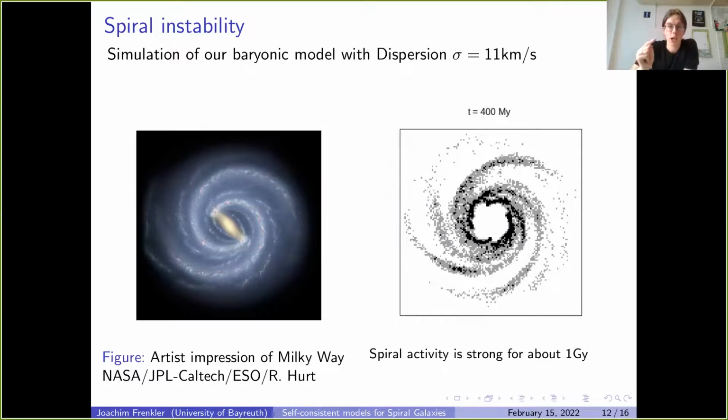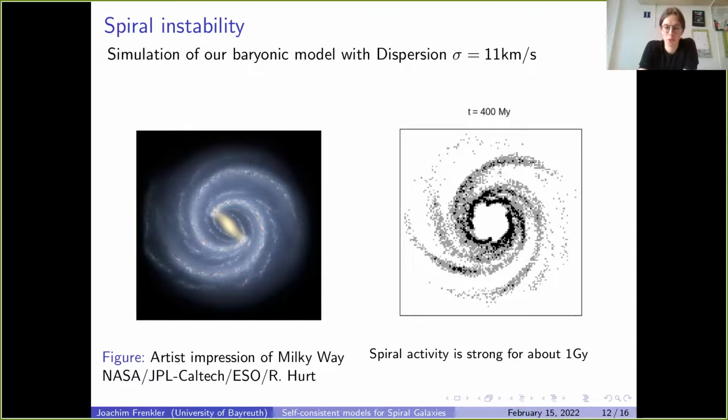And while it passes through the arms, it gets deviated, and hence the total deviation, the dispersion of the model, rises. Initially, the dispersion was at a low realistic value of 11 kilometers per second. And during this gigayear of spiral activity, the dispersion has risen to a value about 4 times as high as the initial one. This higher dispersion stabilizes the disk, and the spiral activity vanishes.